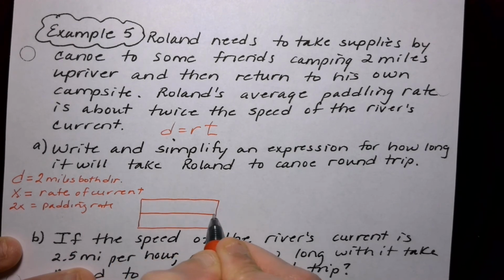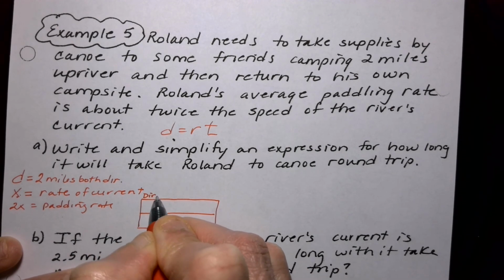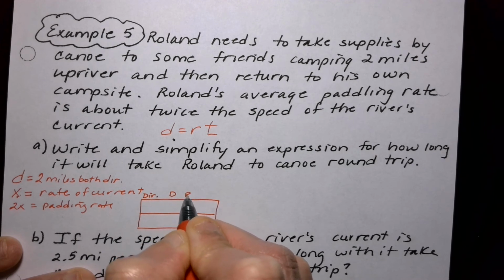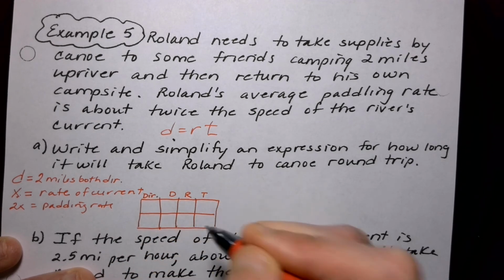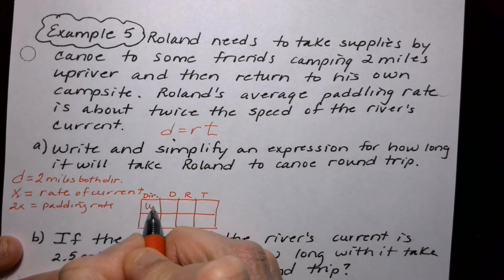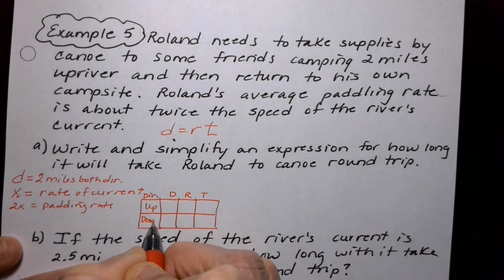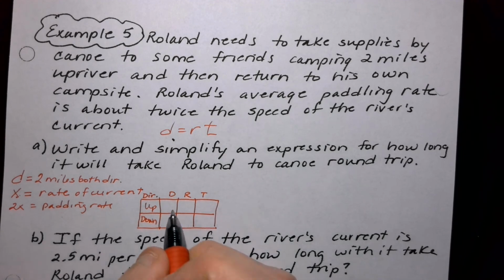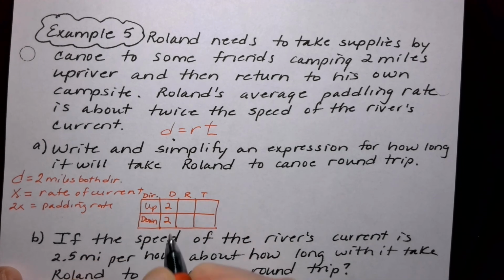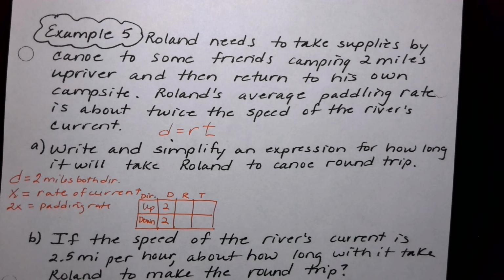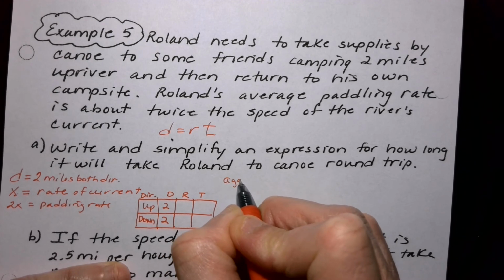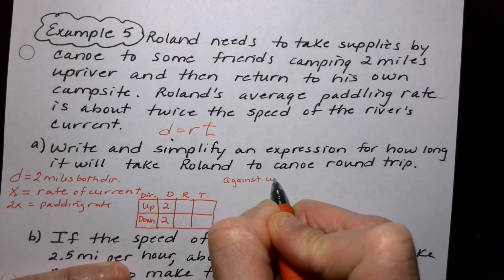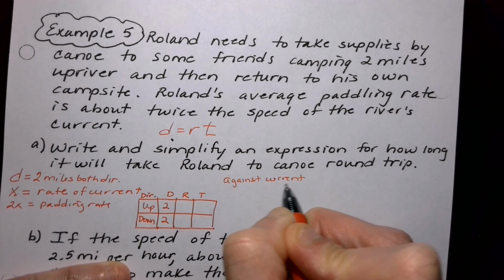Okay, let's just say direction, because it's different whether you're going up or down, isn't it? Stream. Okay, so if the direction is upstream and downstream, and the distance is the same, right? So it's 2 and 2. But the rates are going to be a little bit different. So the rates, let's look at them. If we're going against the current, how would we figure out the rate?